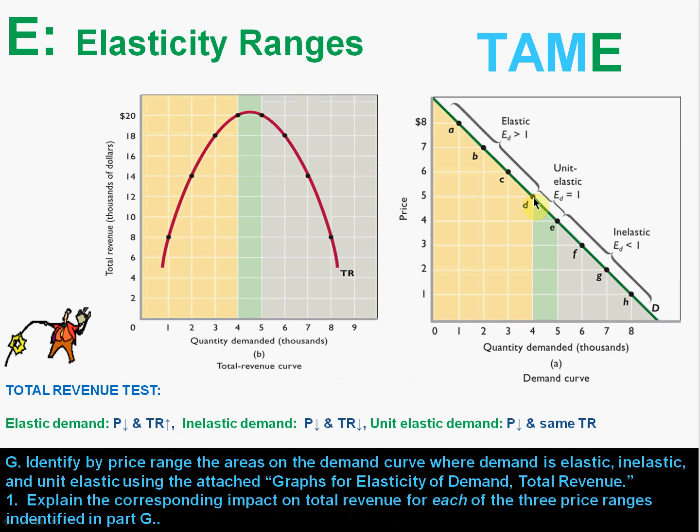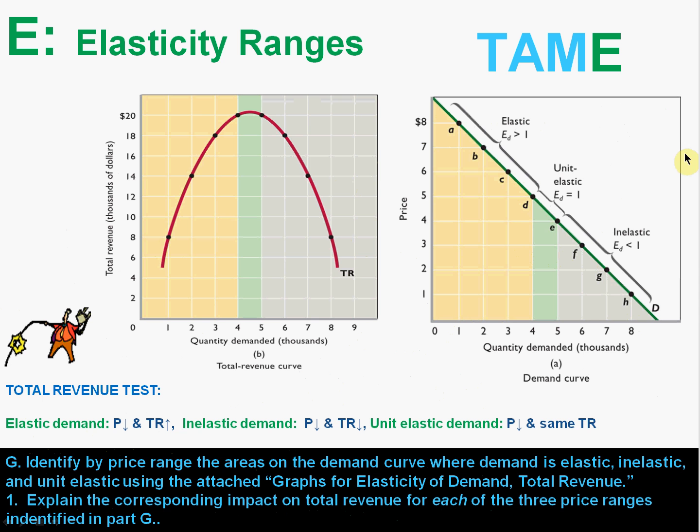Okay? Now, let's talk about for a minute how to state a range. First of all, a range has 2 points. And the elastic range of the demand curve is between A and D. But you don't state it between A and D. You actually have to state it in regards to the variables on the axes. So I could say something like the following.